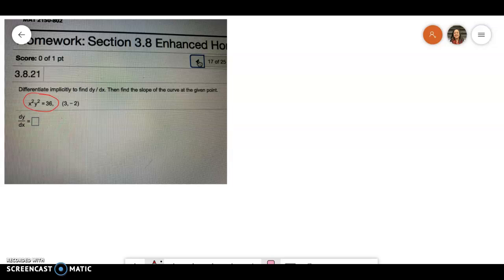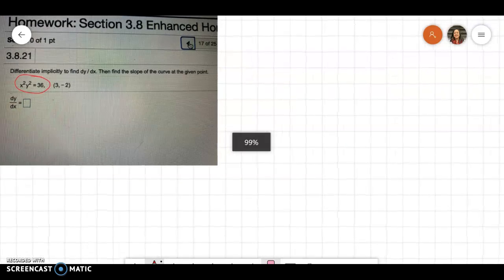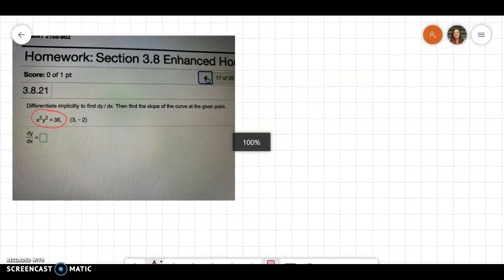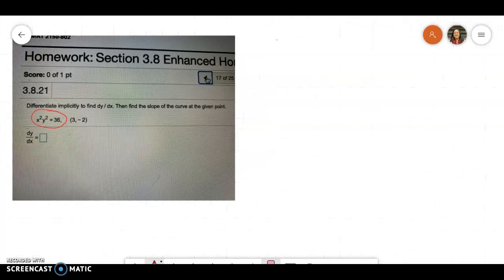So it's asking us to find the derivative and then it wants us to find the slope of the curve at the given point. So we're given, I'm sorry guys, this screen is a little tricky, x squared y squared is equal to 36. So like I said, we're using the product rule.